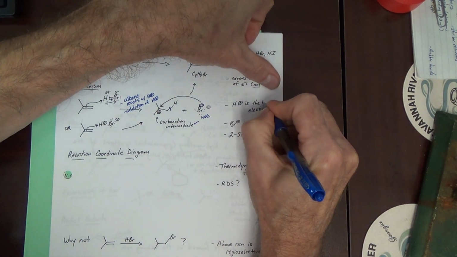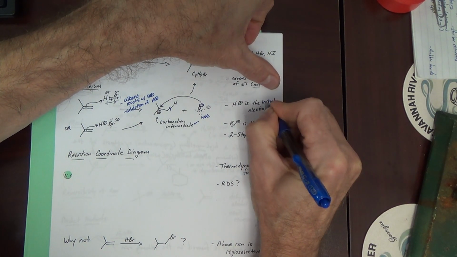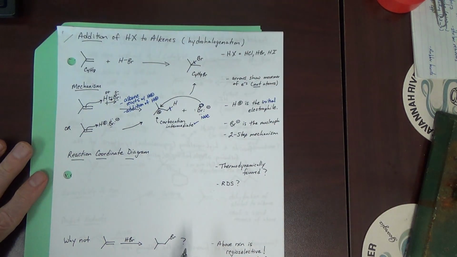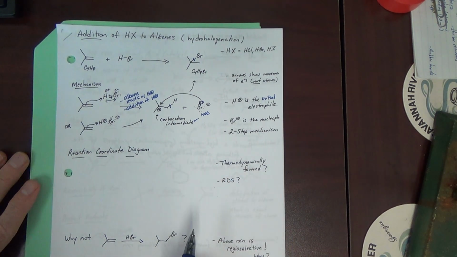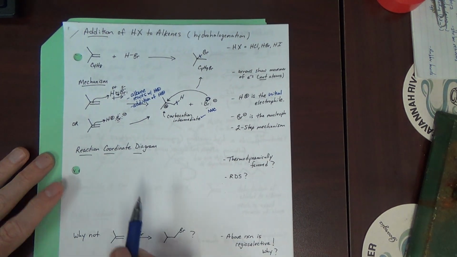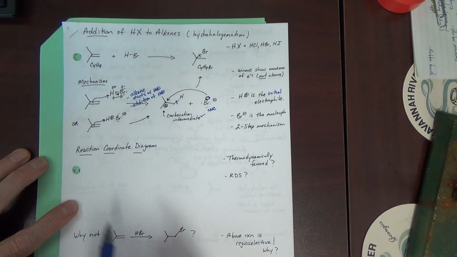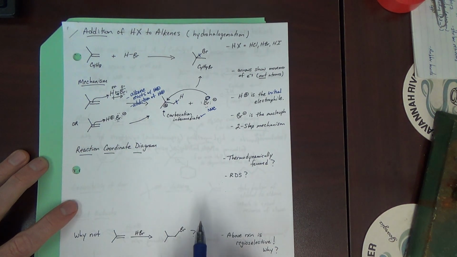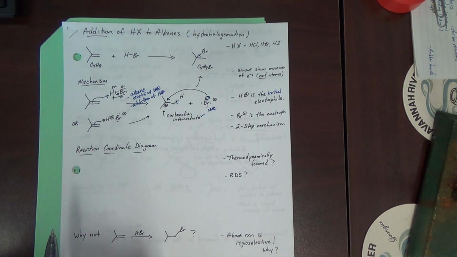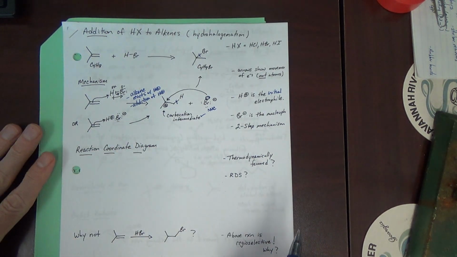The H plus is the initial electrophile. Two-step mechanism. Again, if you wanted to show the HBr ionic, you could just do that. Either way works for me. We'll talk more about that.